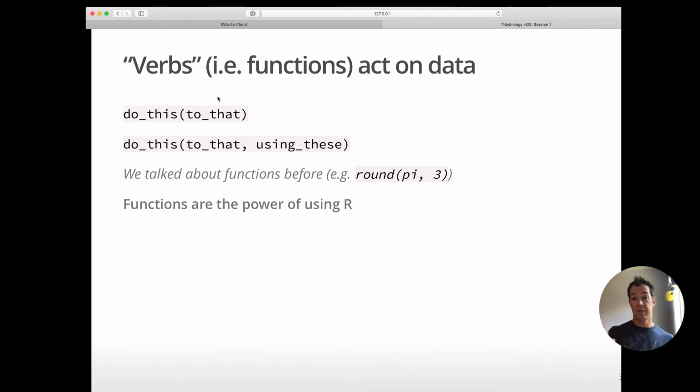We also have this idea called an argument, or optional arguments. We would say do this to that, and the argument would be using these. So a function is going to perform an operation on some data or some object. It's going to do this thing to that thing, and that thing is typically some type of object. Okay, and really it's these functions that are the power of using R.